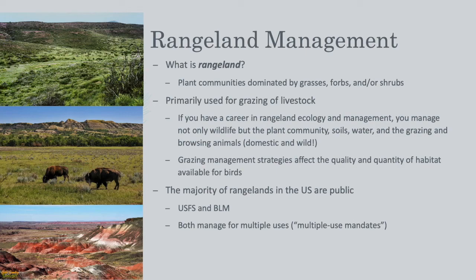If you have a career in rangeland ecology and management, which is what I did my master's degree in, you manage not only wildlife, but you're also a lot more interested in the plant community itself, the soils, the water, and the grazing and browsing animals, whether they're domestic or wildlife.